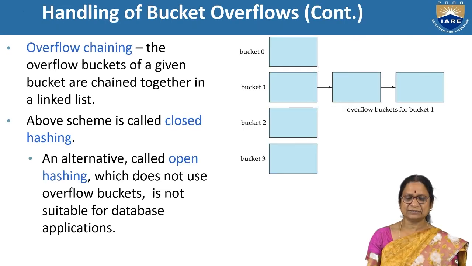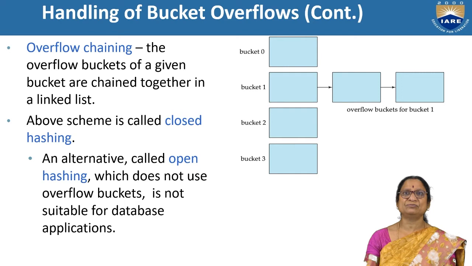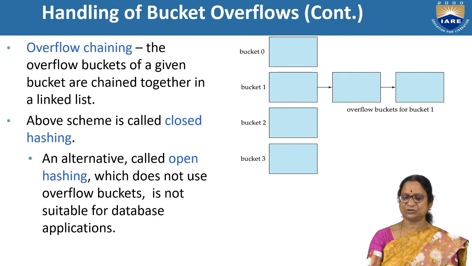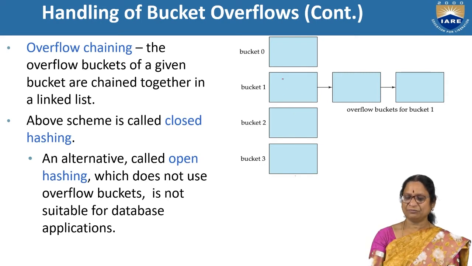Now observe this; we call it overflow buckets or overflow chaining. In this example, you observe bucket 0, bucket 1, bucket 2, bucket 3. For bucket 1, once it is full, a new bucket is added and connected with a link. Again, when the second one is also full, a third one is added.